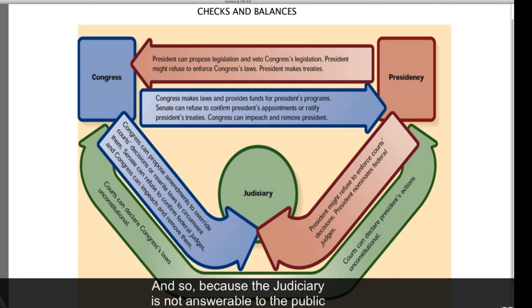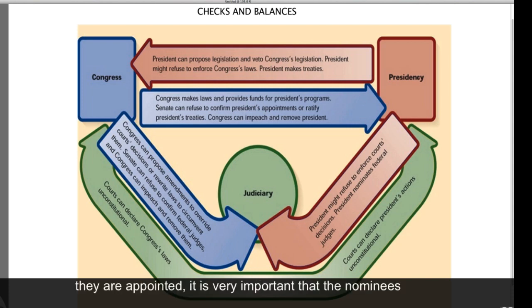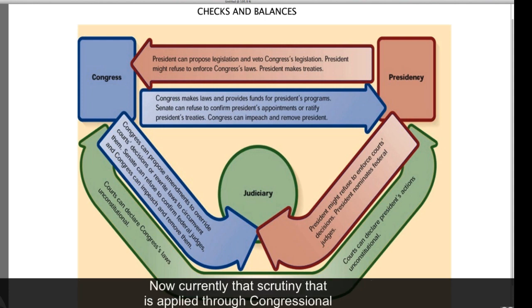And so because the judiciary is not answerable to the public through direct elections, it is the legal wing. They are appointed. It is very important that the nominees are scrutinized. Now, currently, that scrutiny that is applied through congressional hearings, Senate hearings, and so forth is quite often insufficient in many people's minds.